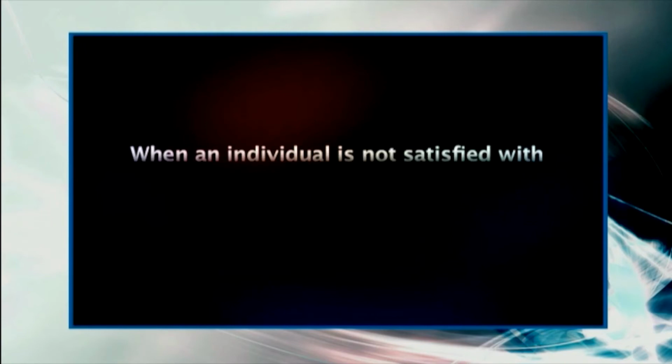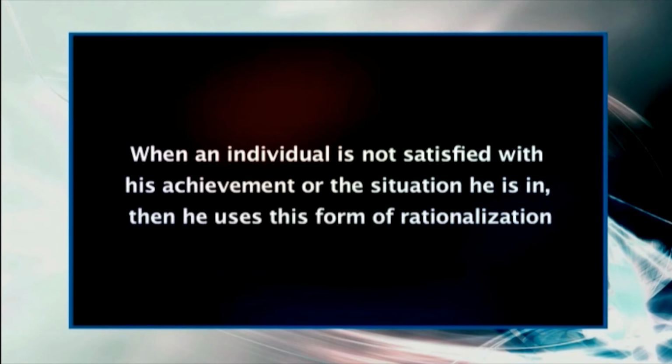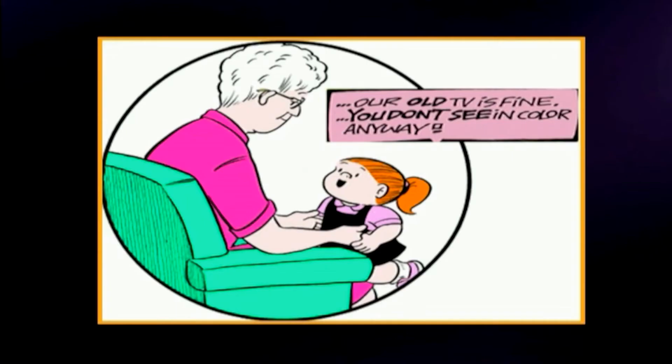When an individual is not satisfied with his achievement or the situation he is in, then he uses this form of rationalization. The individual who uses this method tries to convince himself that what he has is exactly what he wants.